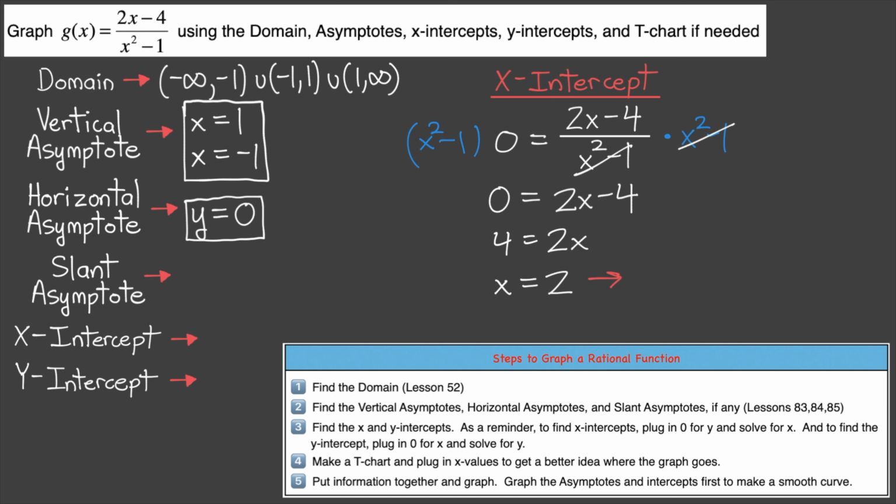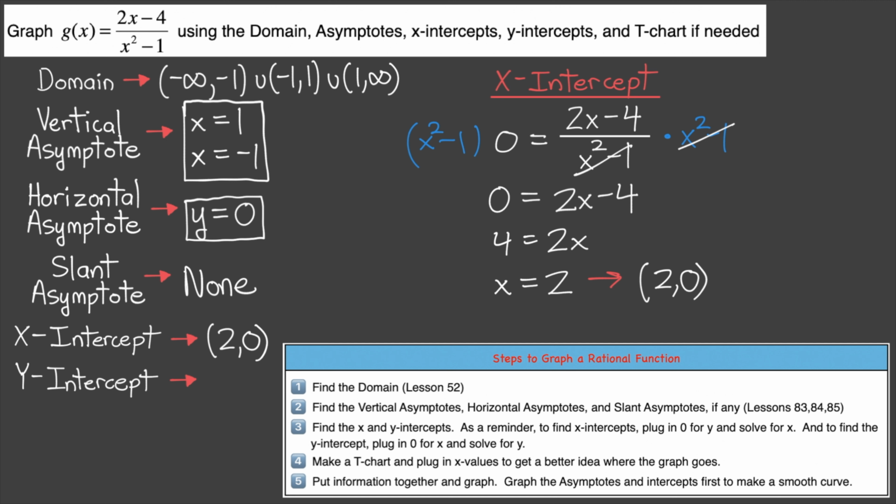Now we want to write this x-intercept as a point, so it's going to be (2, 0), because every x-intercept has a y value of 0. All right, so there is our x-intercept there. So (2, 0), so we'll write that here. And then remember we said there was no slant asymptote because there's a horizontal, so here I'll write none. All right, so that is our x-intercept.